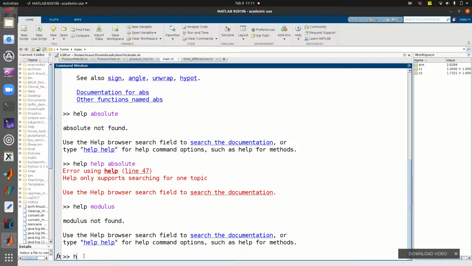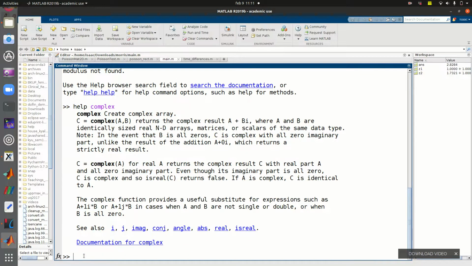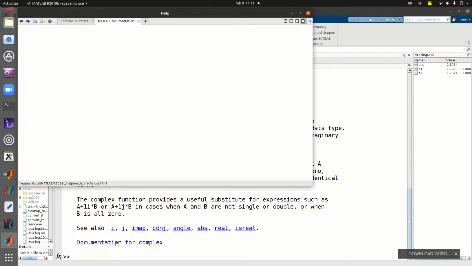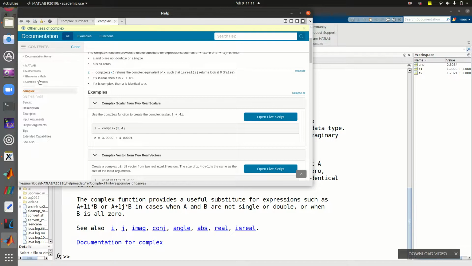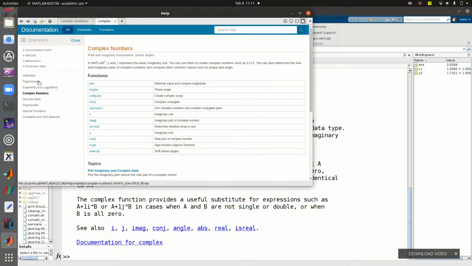Okay, maybe what you might do is just go to complex and then go to the documentation for complex. Then you can have a few things which you can look at here. They can tell you complex numbers, and then I can click here, complex numbers, yes.